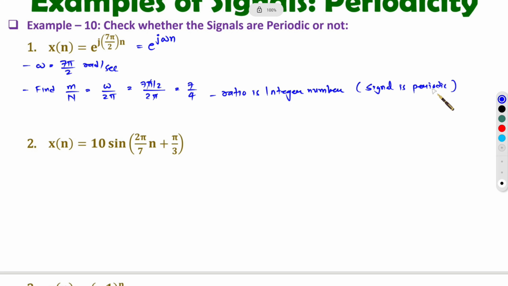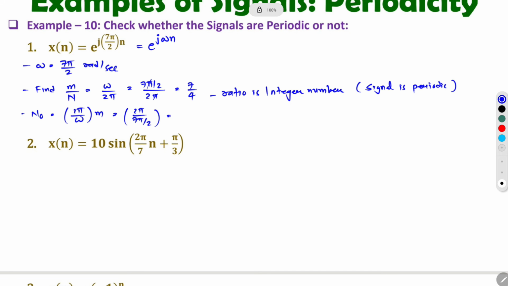Now question is to identify fundamental period. See, fundamental period can be calculated by N naught is equals to 2 pi by omega into small m. Here the small m is smallest integer number to have N naught equals to integer number. Let me explain how. See, here we have 2 pi by omega, where omega is 7 pi by 2. So here pi is getting cancelled.